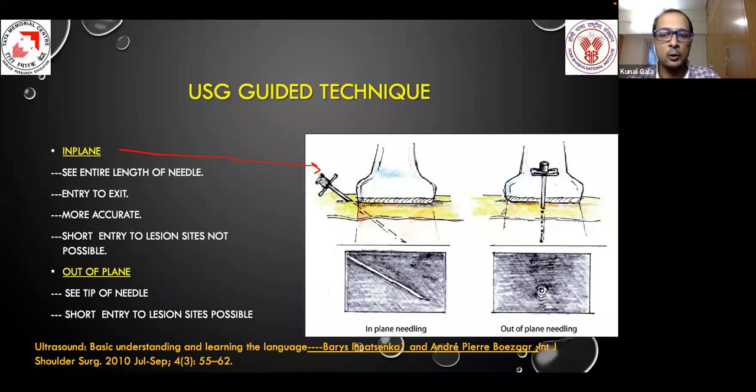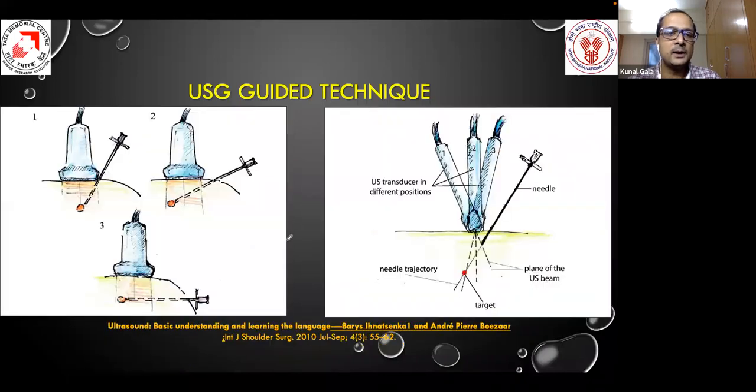Coming on to the out-of-plane method, only the tip of the needle is seen. What we see here is the tip of the needle, and the entry is shorter as compared to the in-plane technique. So these are a few of the methods we use on ultrasound.